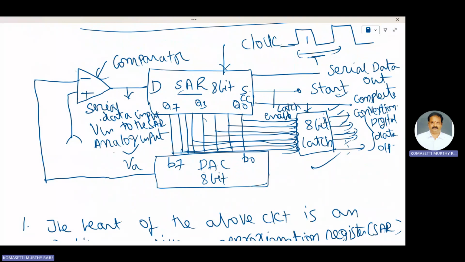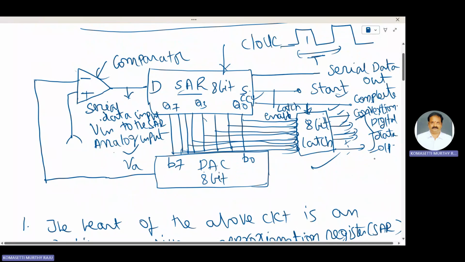The CC signal turns enables the latch, and the digital data appears at the output of the latch.